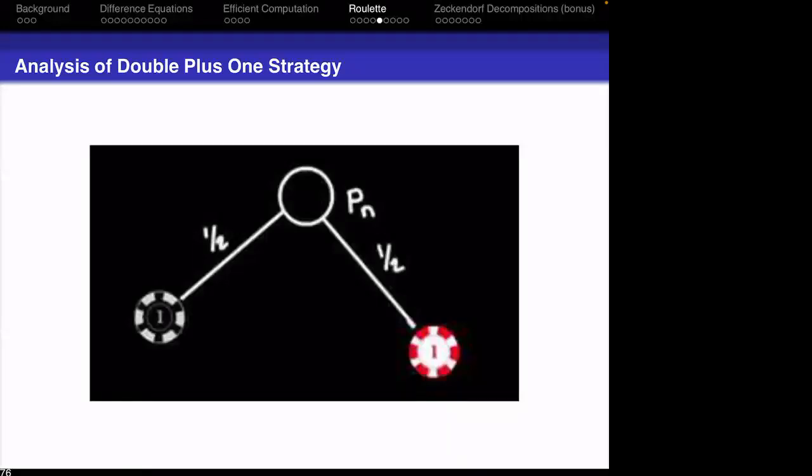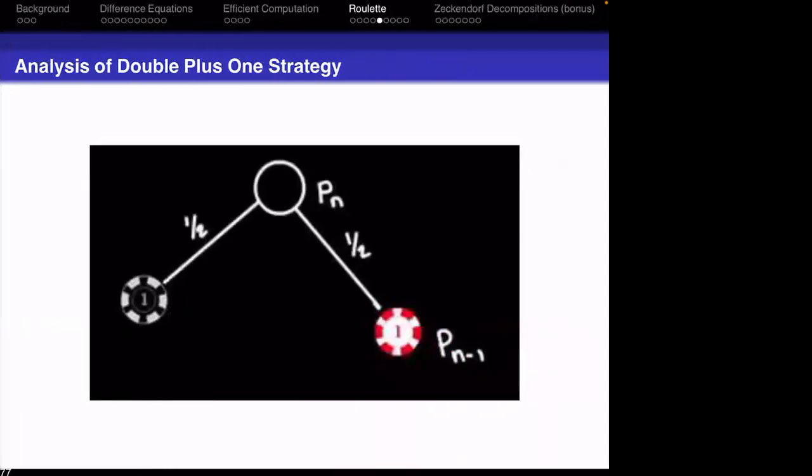How many spins are left? We have to do n spins, and we've spun once, so n-1 are left. So what's the probability we don't have 5 consecutive blacks in n-1 spins, because the first spin was a red and is not going to count toward a string of blacks? It's Pn minus 1.